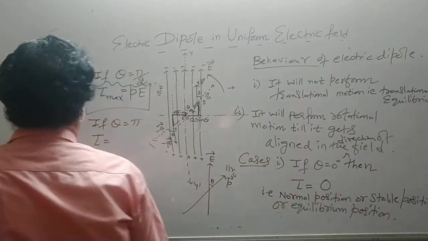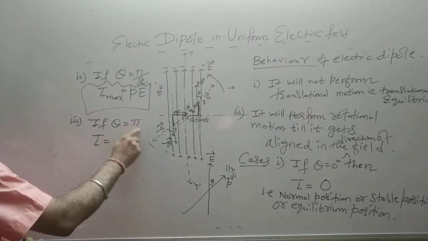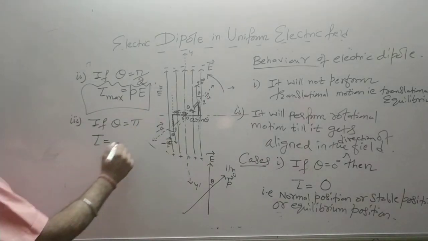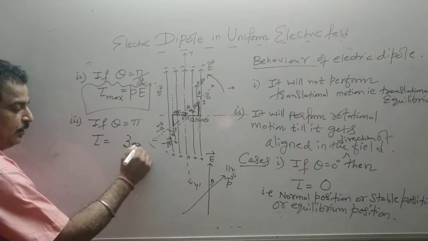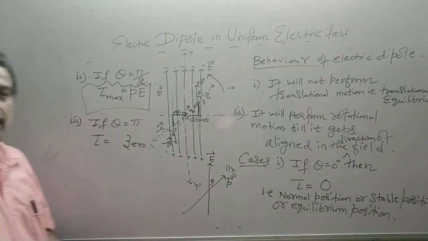So if I place theta is equal to pi, so it becomes again 0. Sine 180 is 0.